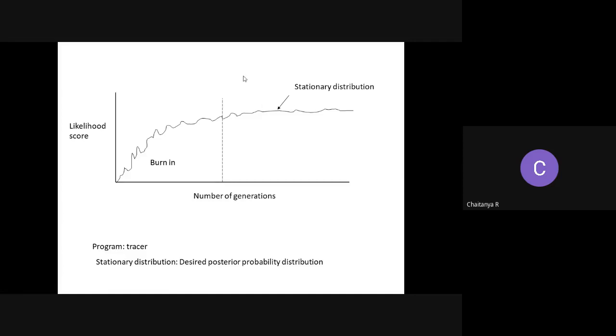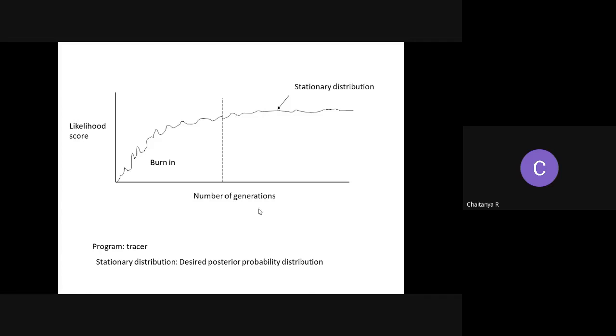And ideally, when you're trying to enumerate your final tree or your consensus tree, you should be using only samples from the stationary distribution, right? And MrBayes gives you a very easy way of discarding all these unnecessary samples and getting straight to the stationary distribution, and we'll see how to do that.